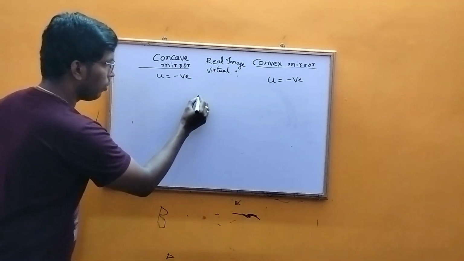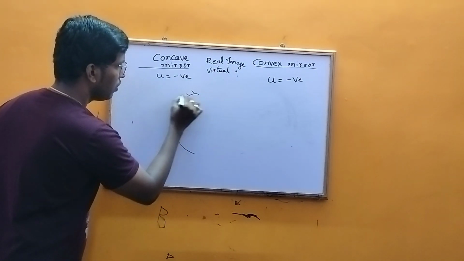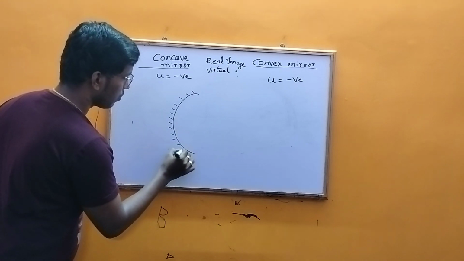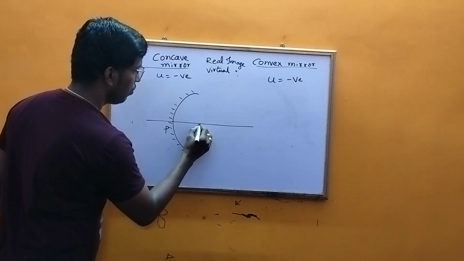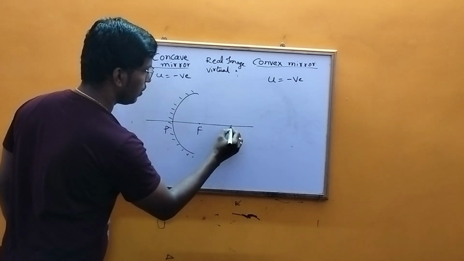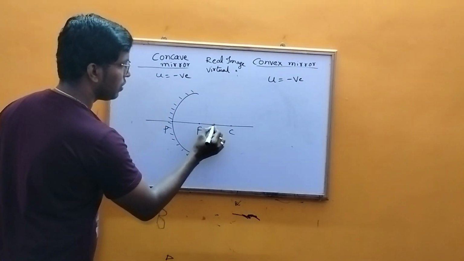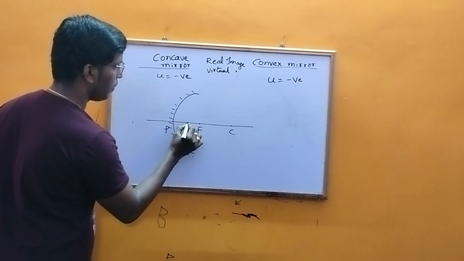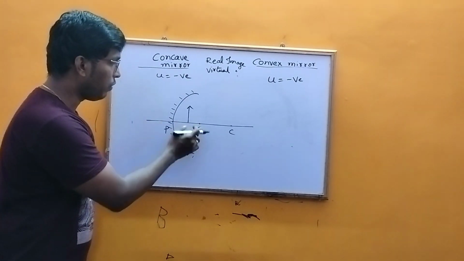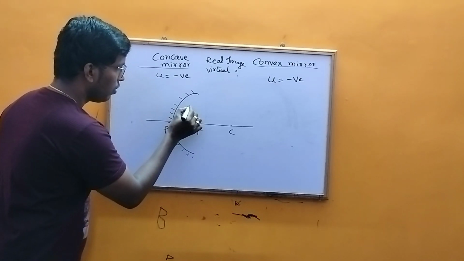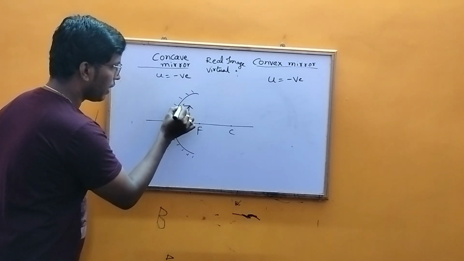I'll draw two diagrams. We know that this is pole, focus point, and center of curvature. Let us consider that this is the first case. I have placed an object here, between pole and focus point. We know the rules to draw the ray diagrams.